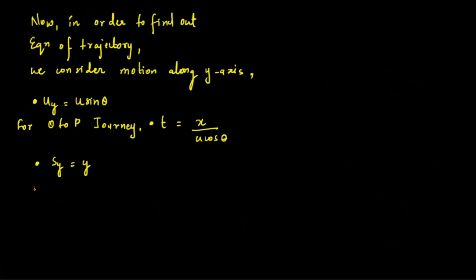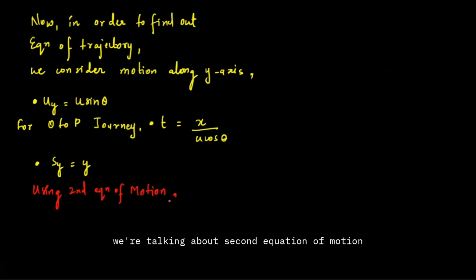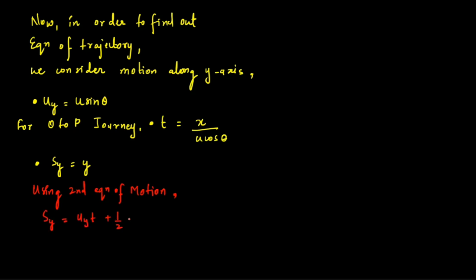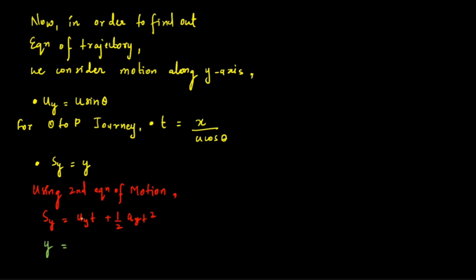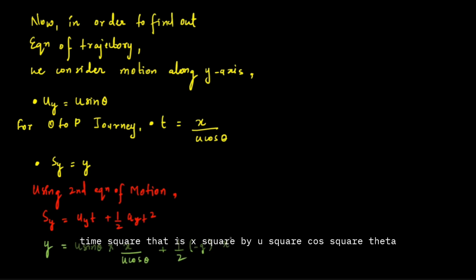So once again using the second equation of motion, sy is going to be uy t plus half a_y t square. Now look at the substitution carefully. sy is going to be y, uy is going to be u sine theta, time is going to be x over u cos theta, plus half of a_y, which is negative g, times time square, that is x square by u square cos square theta.